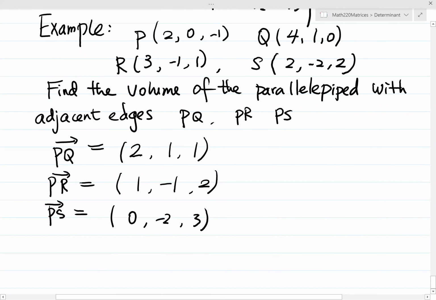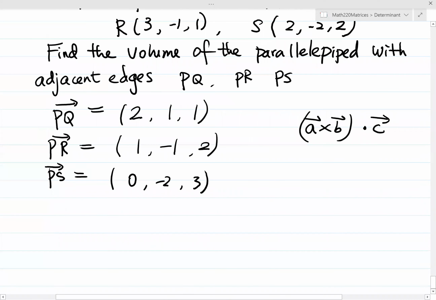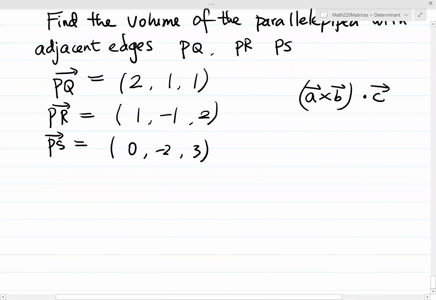And then we use this notation, A cross B times C. We choose two vectors, we do the cross product, and then for the remaining vector, we do the dot product. You may ask, what happens if we rearrange the order?